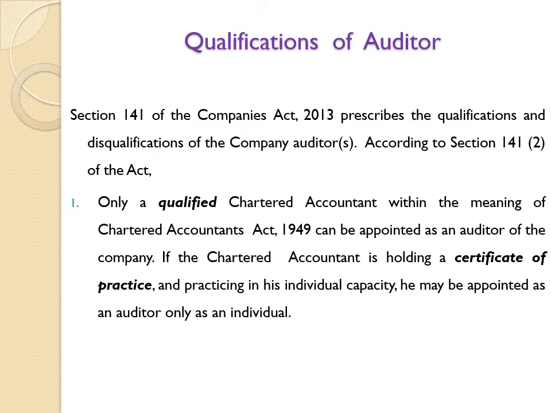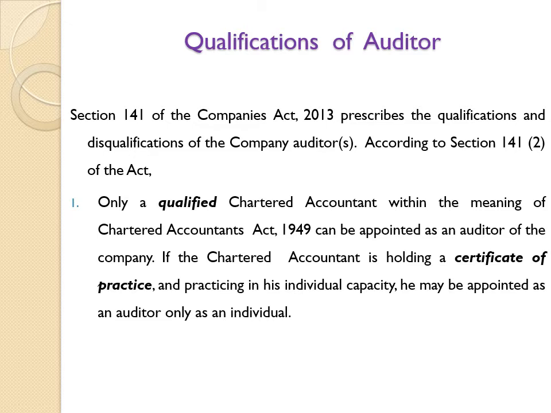So, I am now going to discuss what is the qualification required for company auditor. In regard to qualification of auditor, we are concerned with section 141 of the Companies Act 2013.